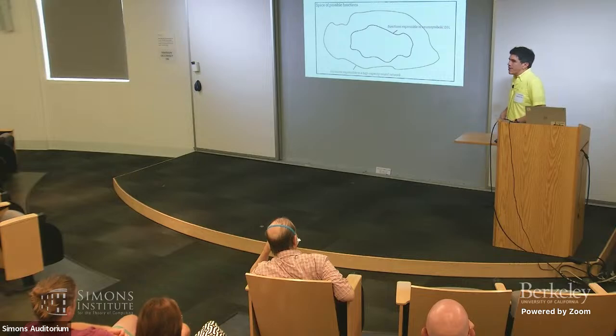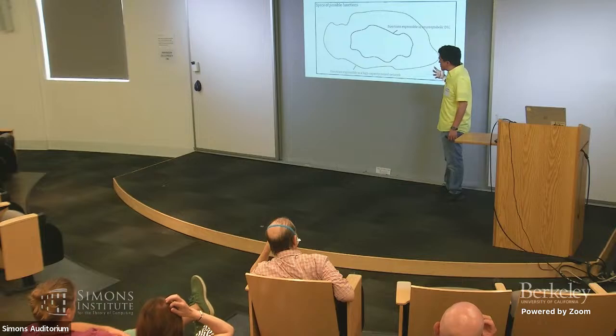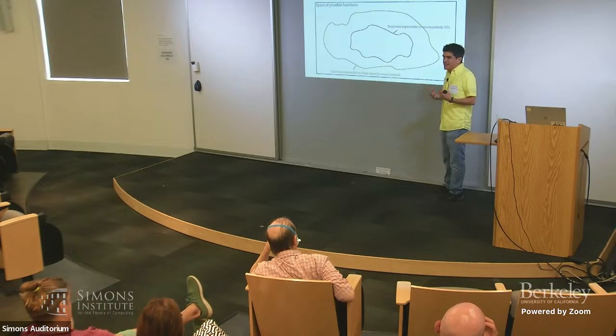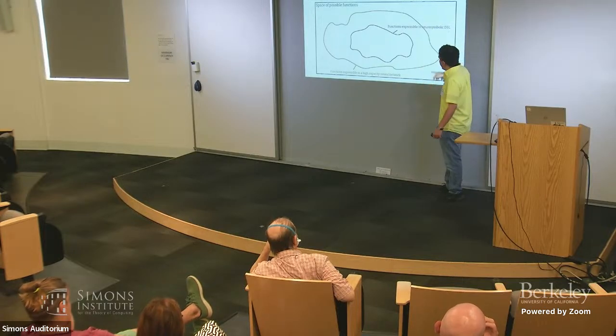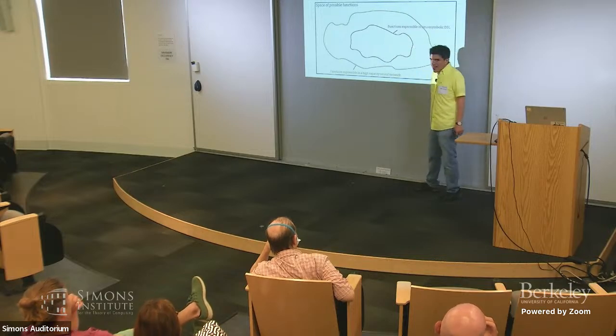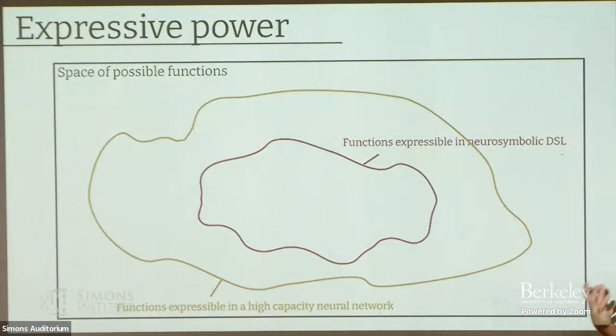From a theoretical perspective, all you need in order for the algorithm to be correct, and to give you a guarantee that it is going to give you the optimal solution, is for this brown region to be really large, to cover the red region. And generally, the bigger your neural networks, the easier they are to optimize, so the more likely it is that you're going to reach an optimal solution.